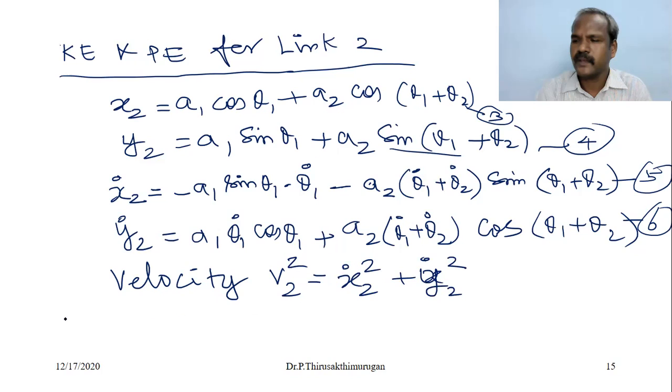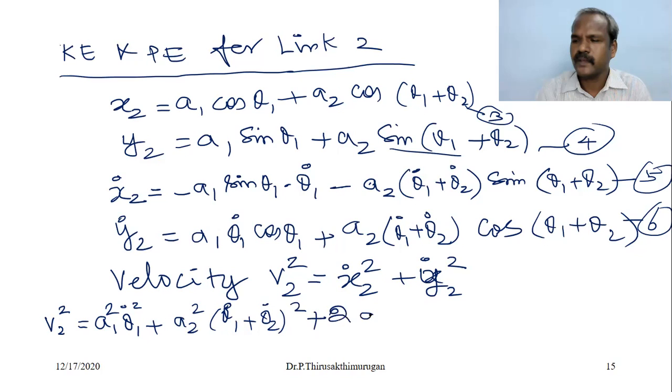What do we get? We will be getting v2 square equal to a1 square theta 1 dot square plus a2 square theta 1 dot plus theta 2 dot the whole square plus 2 a1 a2 theta 1 dot square plus theta 1 dot and theta 2 dot cos theta 2.